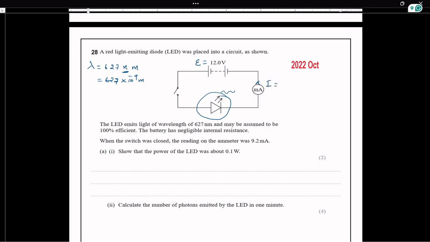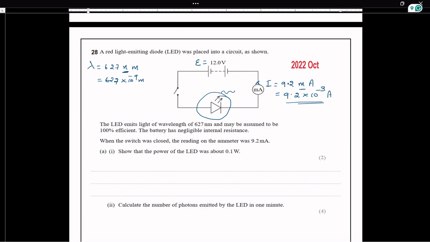I equals 9.2 milliamperes. The prefix milli stands for 10 to the power of -3. So 9.2 times 10 to the power of -3, that is the current.